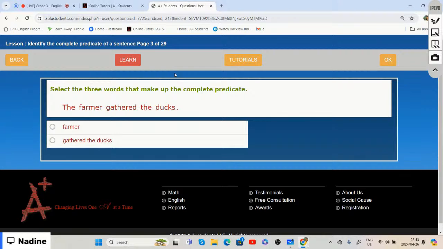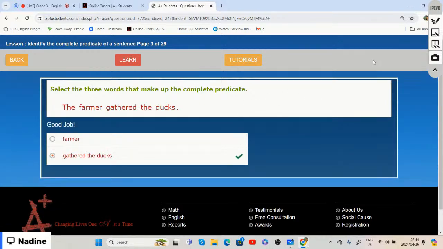All right, if we were to select the predicate that tells us what the farmer does, we can say option two, which is gathered the ducks. Well done.